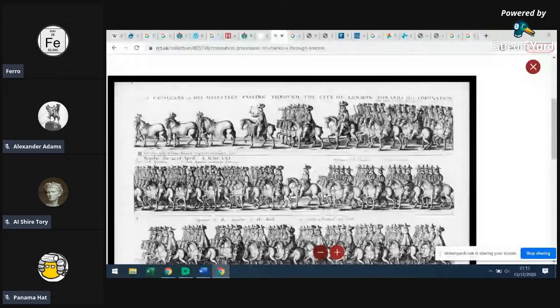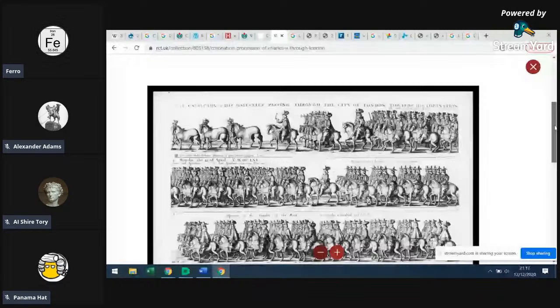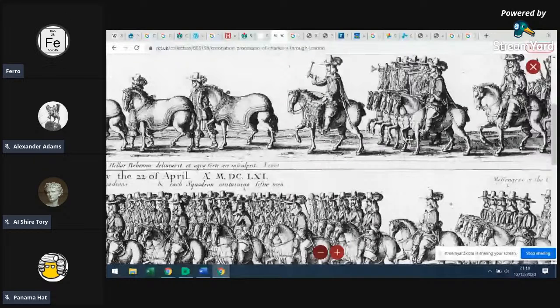This is something I found as part of the royal collections, which is the cavalcade of His Majesty passing through the City of London towards his coronation. And again, it's really simple, the etching isn't the best ever. The people are a bit clumsy. I mean, that guy looks ridiculously large compared to his horse, but maybe horses were much smaller back then. But again, things like proportion are just off.